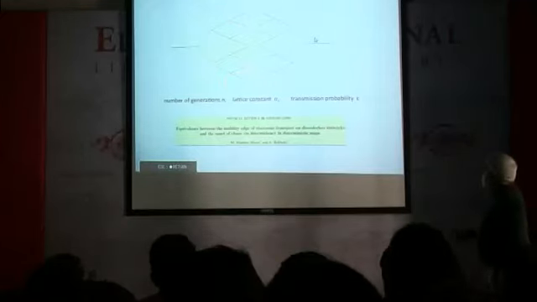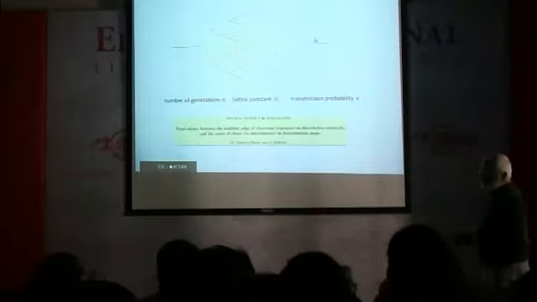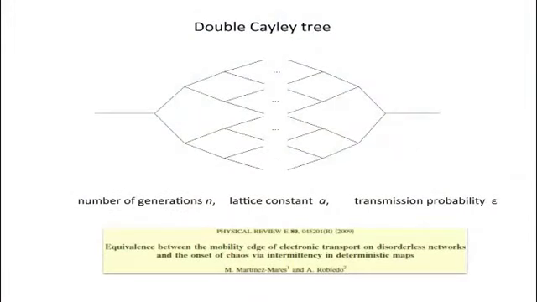And in order to look at the problem of localization, for example, we place scatterers at the nodes, identical scatterers. And then we pass a wave, say charges, and so we have a problem for localization without disorder, if you want, and for a very simple lattice arrangement.